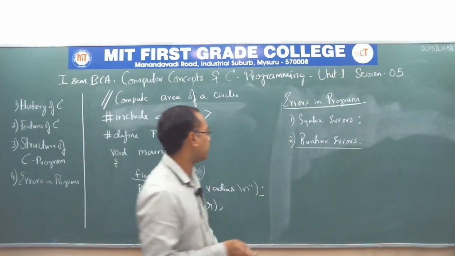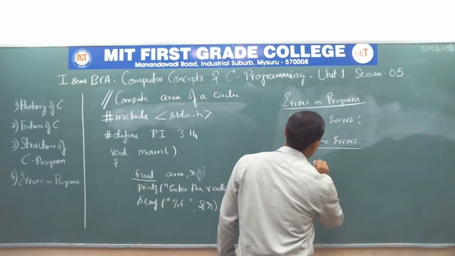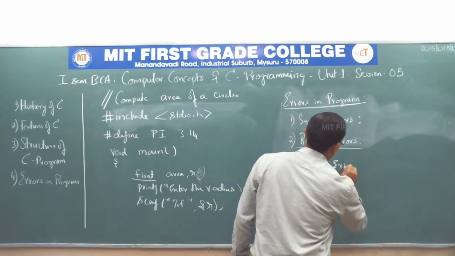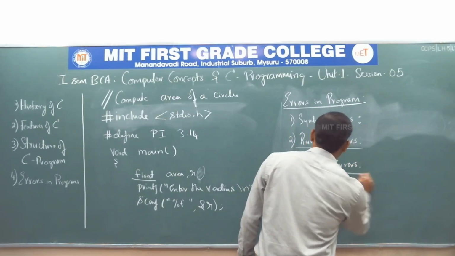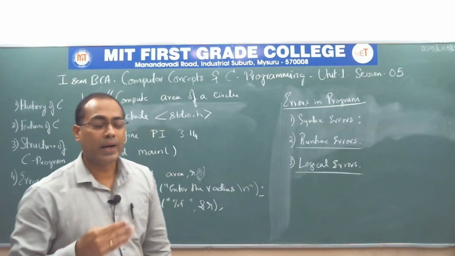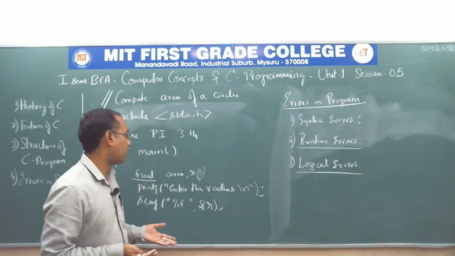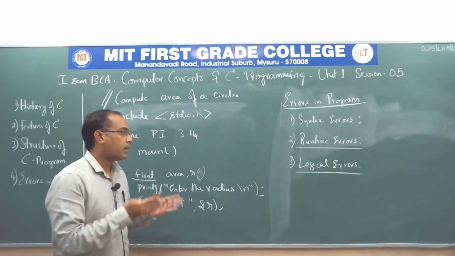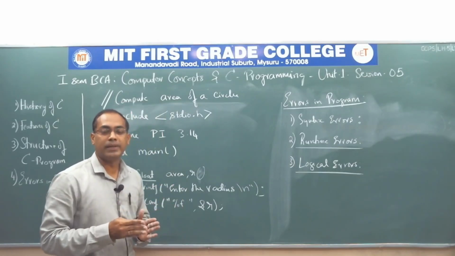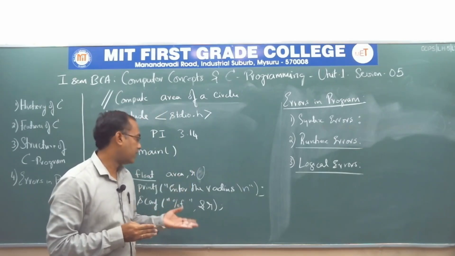The next error is called logical errors. These are errors made by the programmer while representing the actual statements, or what I can say is logic misinterpretation. Such errors are called logical errors.